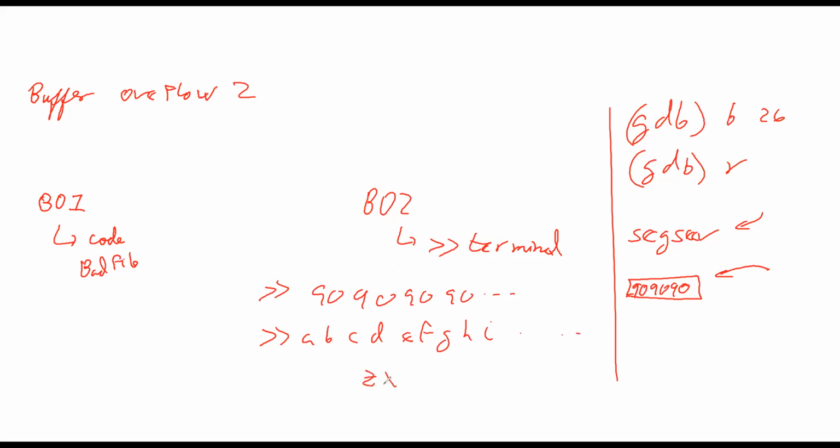So C, X, and then 1, 2, 3, and then backwards. All of these characters, it's a useful strategy to figure out where the return address should go. Why? Because 4 of these letters are going to overwrite the return address.